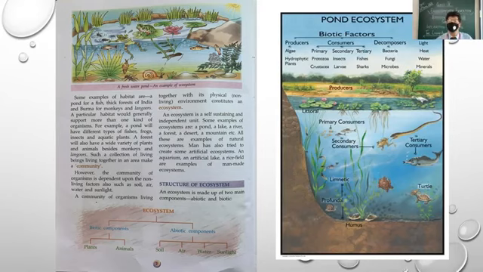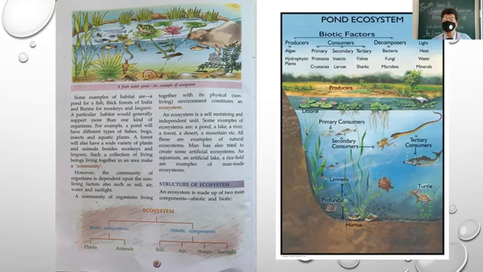Yes, the biotic factors are divided into producers, consumers, and decomposers. Producers, you can see the algae and the hydrophytic plants. The consumers: primary, secondary, and tertiary.